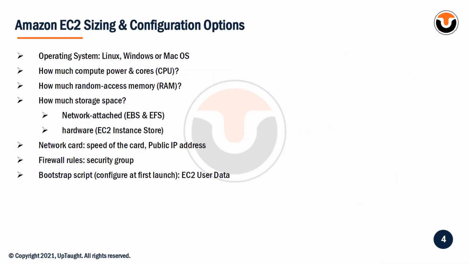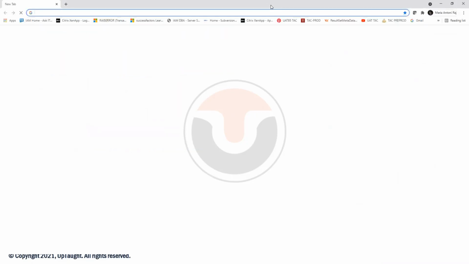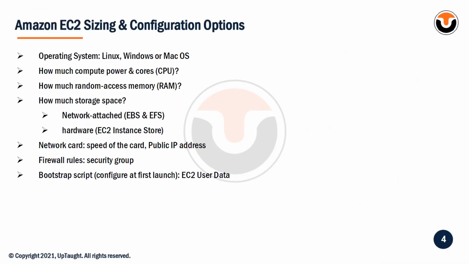Right. The next is the sizing and configuration options. So what are the options that you have? If you can remember, if I can bring up the AWS console, let me just quickly log in to the console while you see this one, read it. So there are 7 different steps when you create an EC2 machine. Step 1 to 7, right? And on each of them, you will start choosing different options. First, you will choose an AMI, Amazon Machine Image.